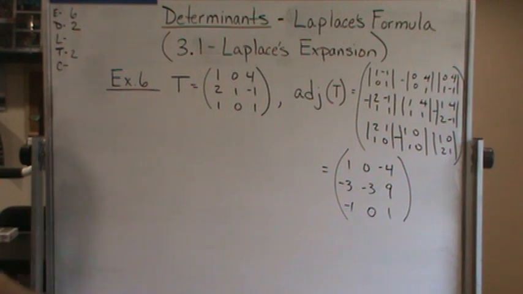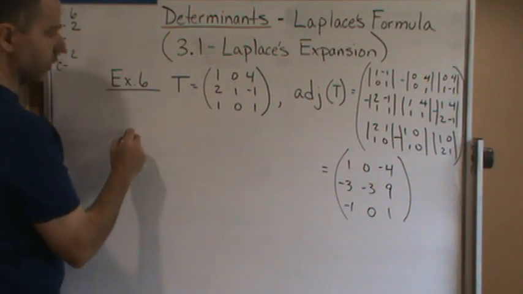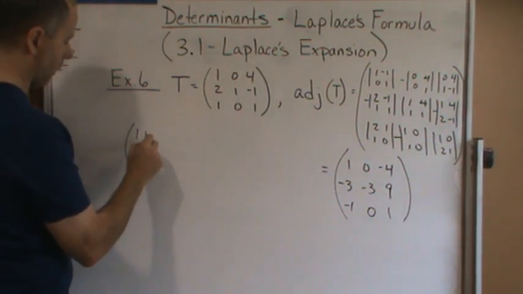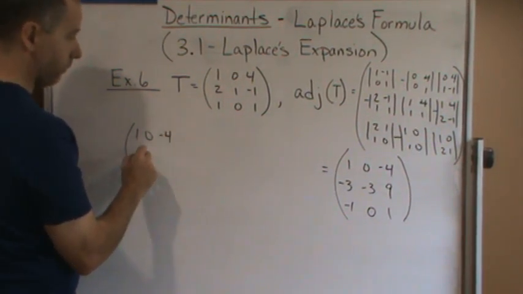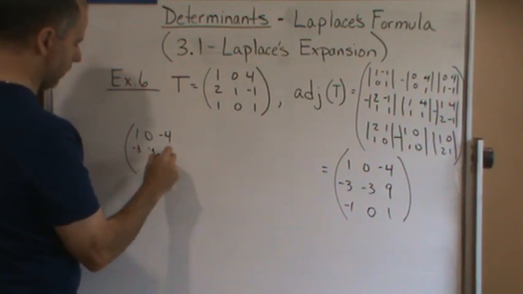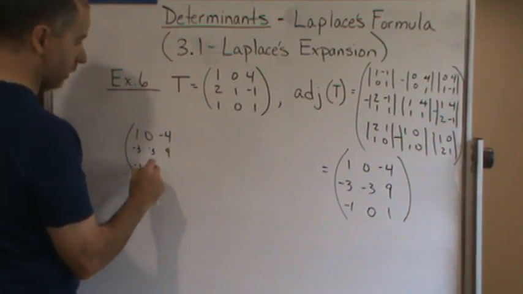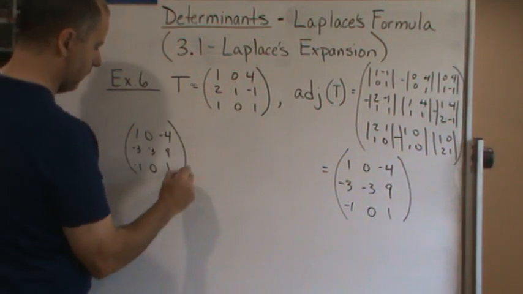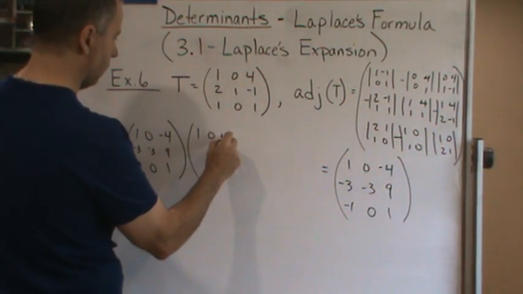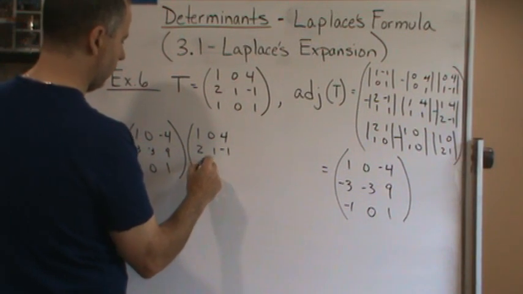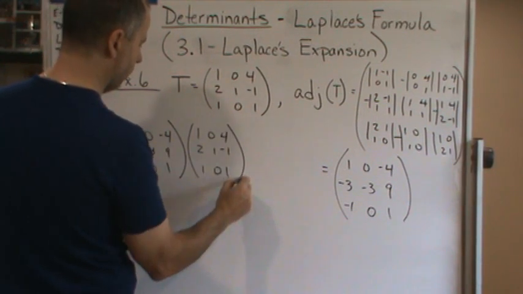Okay, so now we're going to take the product with t. So what we'll do is we'll take 1, 0, negative 4, negative 3, 9, negative 1, 0, 1, times 1, 0, 4, 2, 1, negative 1, 1, 0, 1.